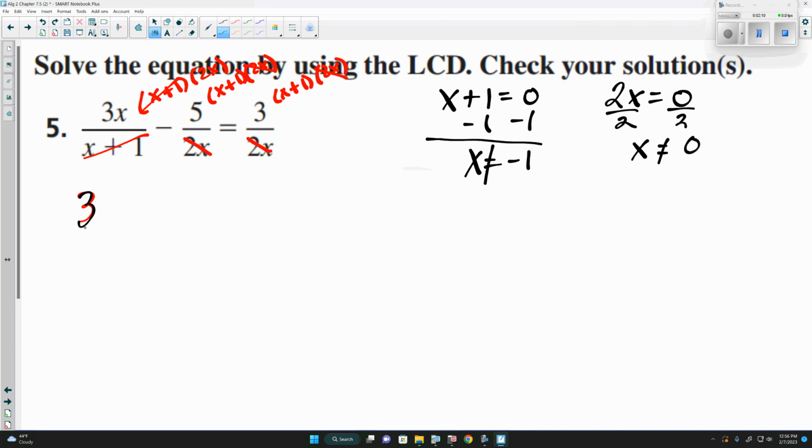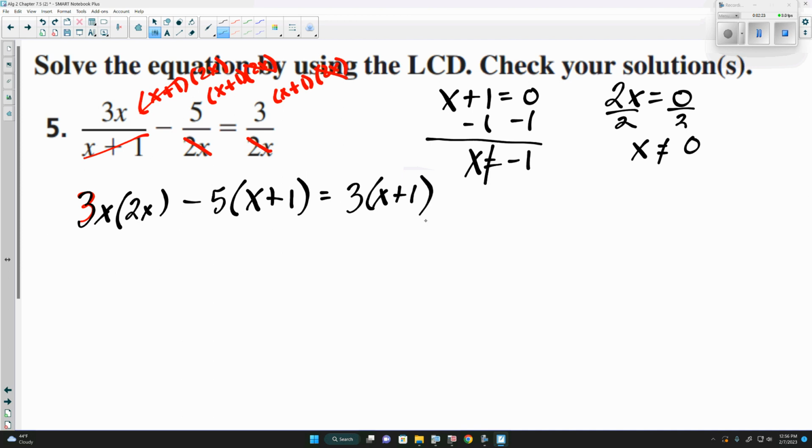What that leaves us with is 3x times 2x minus 5 times x plus 1 is equal to 3 times x plus 1. At this point, we can do some simplifying, multiplying together. So we'll do 3x times 2x. Well, 3 times 2 is 6, and x times x is x squared.